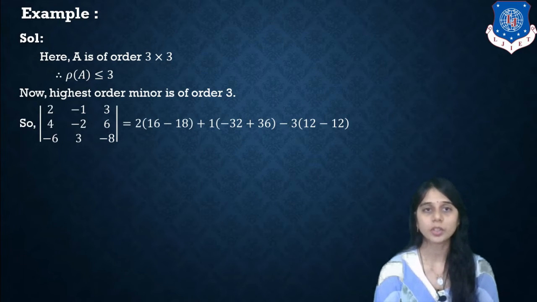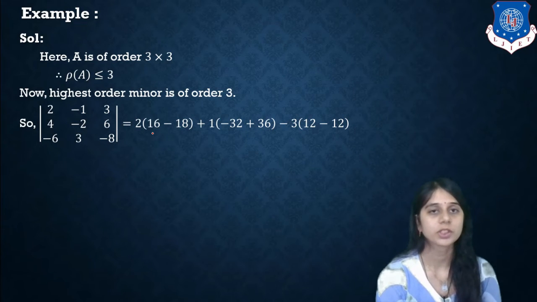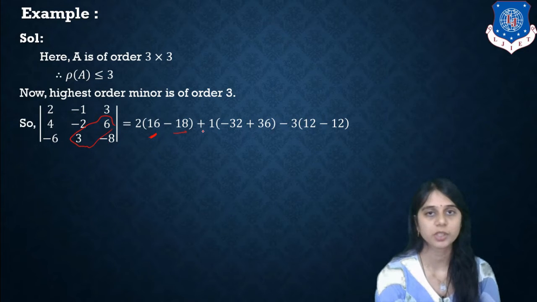So we get determinant 2 times (16 minus 18), minus 2 into minus 8, it is plus 16, 6 threes are 18. Minus that, that is plus 1 times (4 into 8, it is minus 32, and 6 times minus 6, that is plus 36).